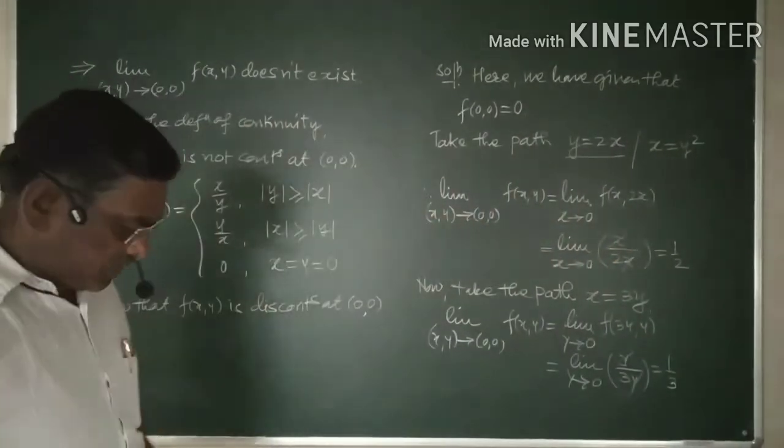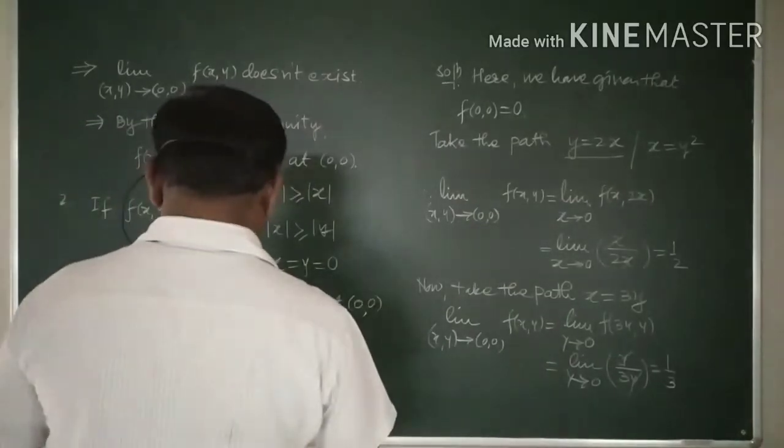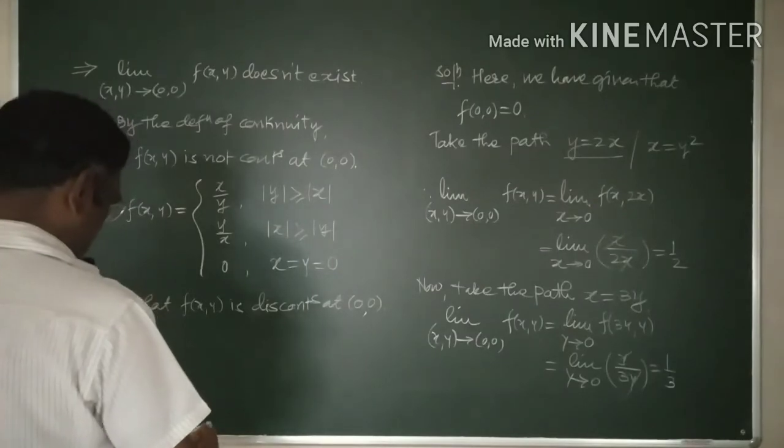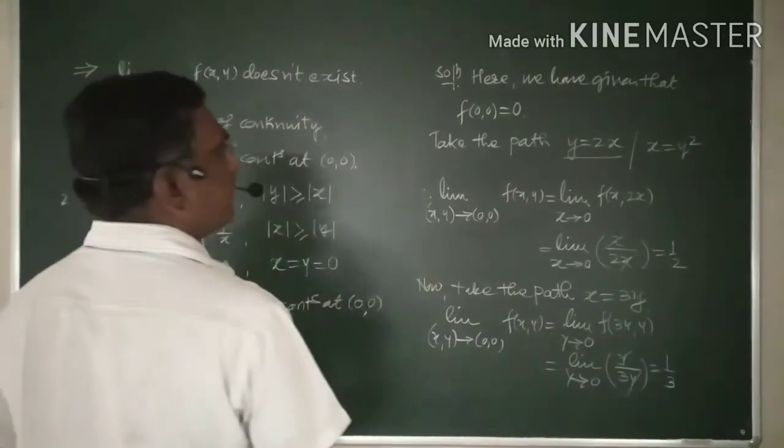Hence there are two different limits along two different paths, even though there is only one function.